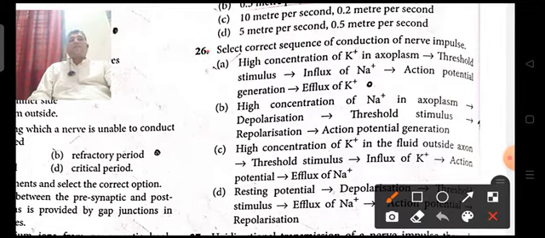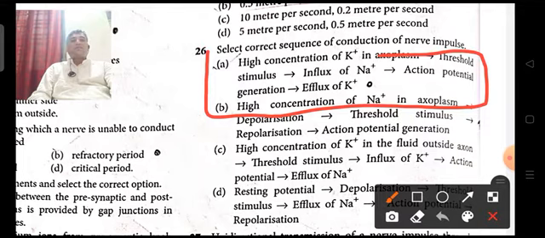As a result, the nerve transmission will take place from one position to the other as per the movement of action potential from A to B, B to C. At the same time, C to B, B to A in the sodium and potassium pump channels.